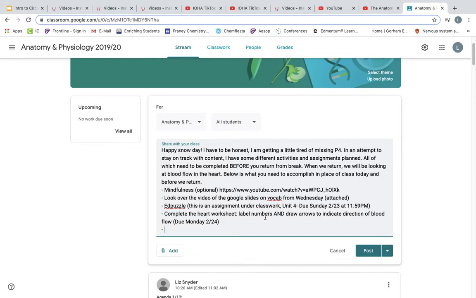Red meaning oxygenated blood, and blue meaning deoxygenated blood. We don't have blue blood, but that's just how it's distinguished between the two. It's just easier to see. So if you want to color red and blue arrows or red and blue sections of the heart, feel free. We will be going over this worksheet on Monday, and then we'll be going into a relay race about how blood flows through the heart.